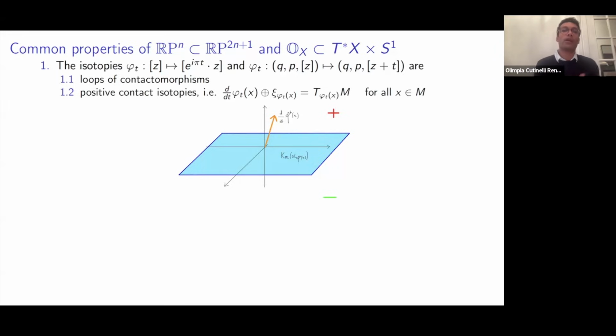And more geometrically, what is a Reeb flow? It's just an isotopy of contactomorphisms whose speed is everywhere transverse to the contact distribution. If you look at the speed of a point under the Reeb flow, then the speed of this point will be everywhere transverse to the contact distribution. So this was one ingredient that we used.